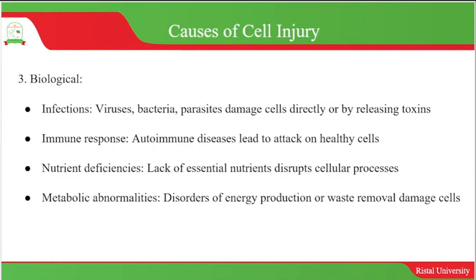If there are no functional organs for excretion of waste from the body, there will be accumulation of toxic waste products from metabolism, and therefore these waste products may end up damaging our cells.